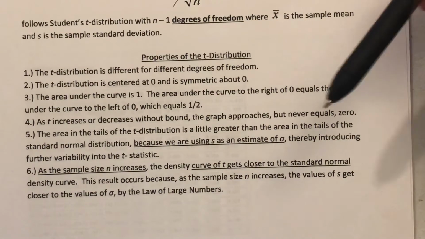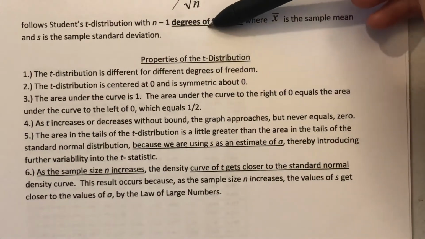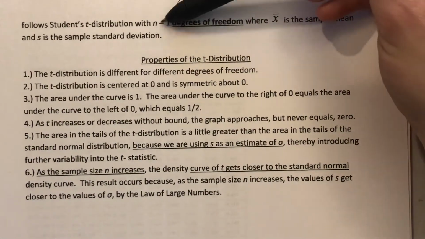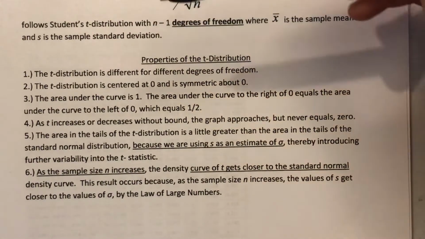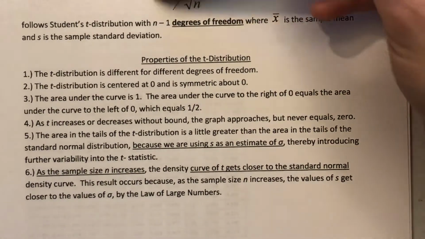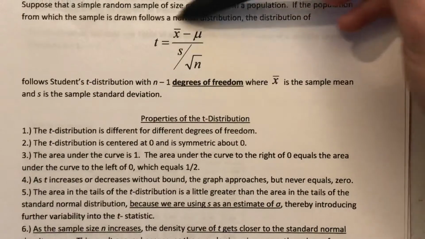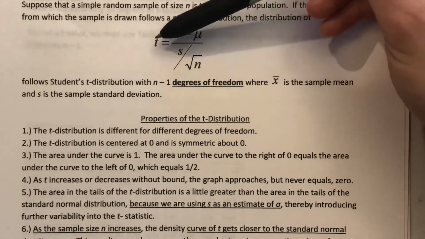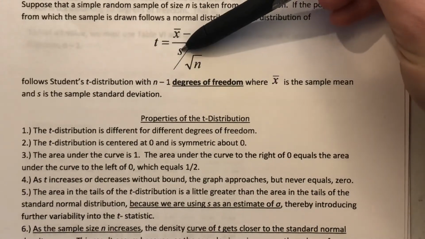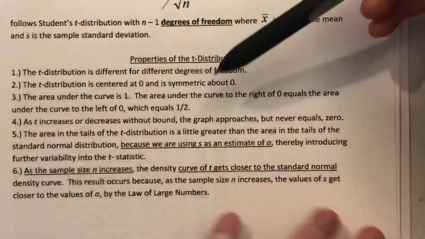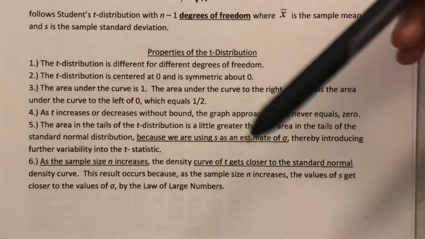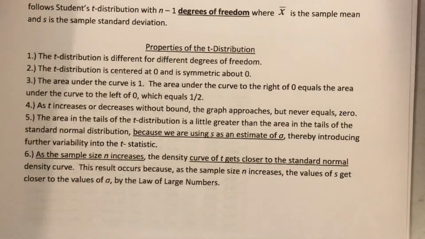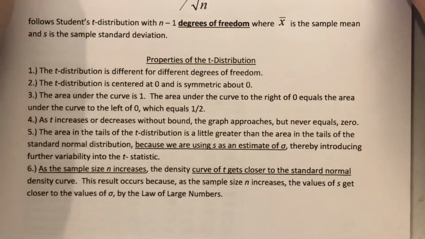So we will talk about degrees of freedom, which is the value 1 less than your sample size, n minus 1, and a slightly altered t-score formula. It's really a z-score formula with S instead of sigma. But we cannot use inverse norm anymore, so we'll have to use a chart of information instead.